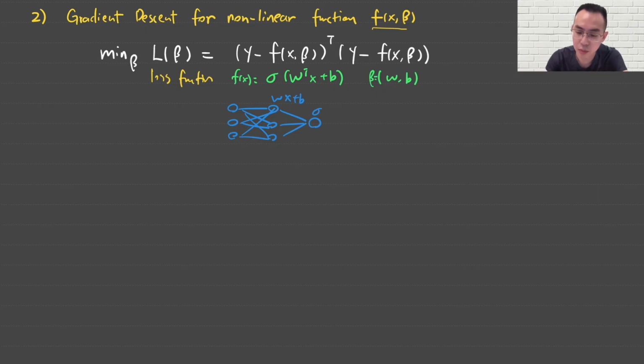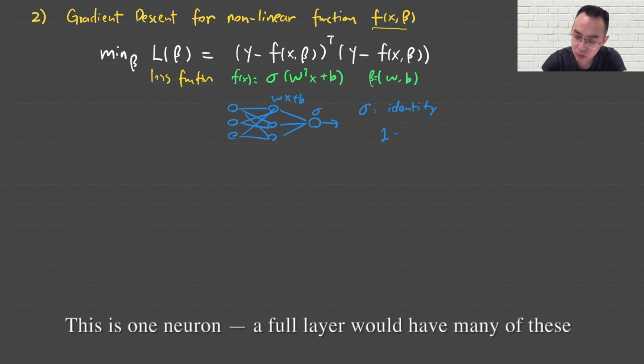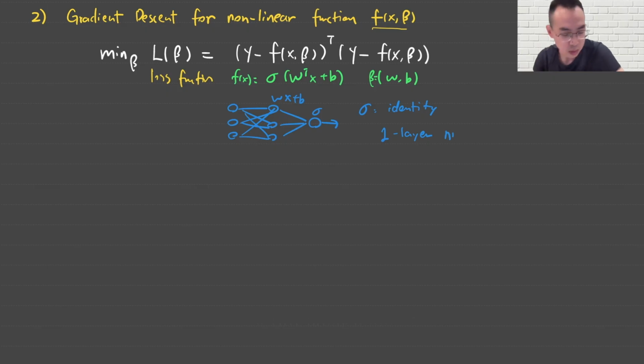So that's going to be the output. And then for linear models, the sigma is just going to be the identity function, right? So that can also be thought of as a one layer neural network, if you think about it this way.